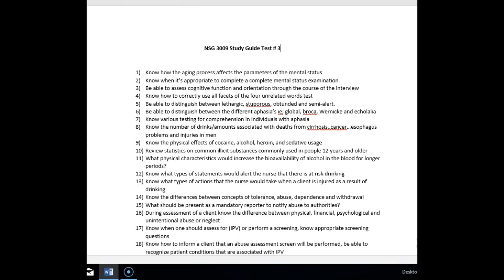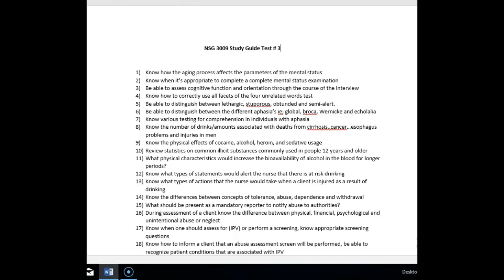Basically, in men, alcohol consumption of at least 4 standard drinks per day is associated with increased deaths from liver cirrhosis, cancers of the mouth, esophagus, and other areas, and deaths from injuries and other types of causes as well.